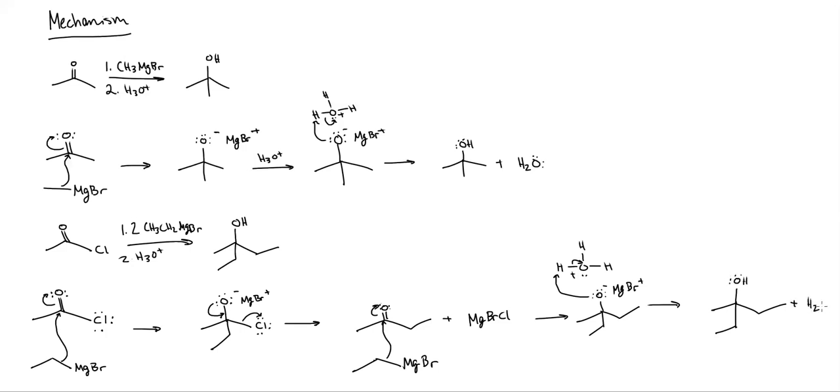So I get water, and I also get MgBr plus, which will eventually go off and complex with something else. So this is a pretty important mechanism, especially the second one here. So I would definitely study up on this one.